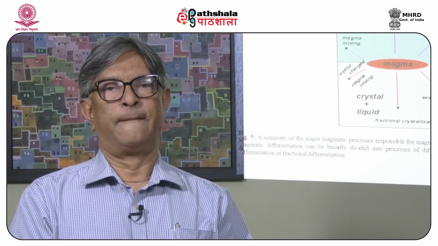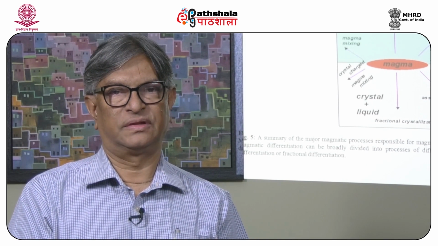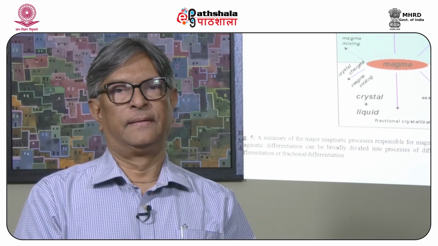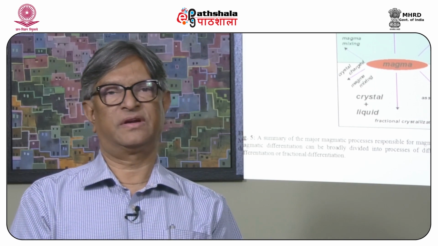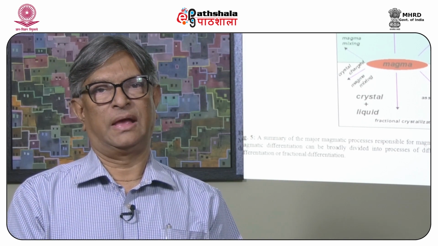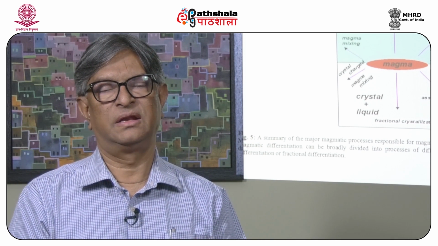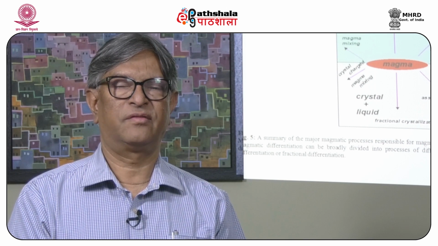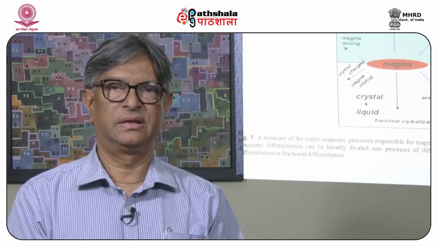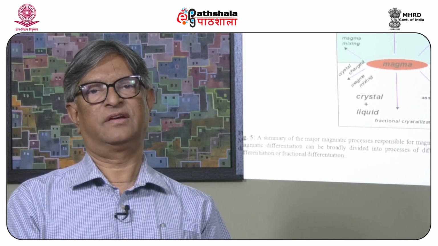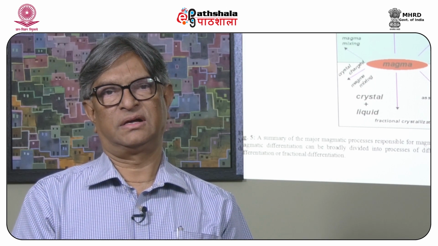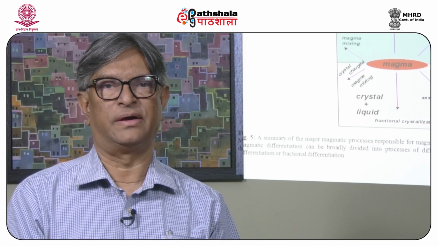Okay. So basically, since different parts of the earth have different concentrations, as I said, the core will have more of iron and nickel, the mantle will have more of magnesium and iron, and the crust will have more of silica and alumina.